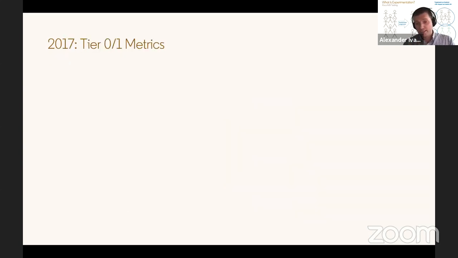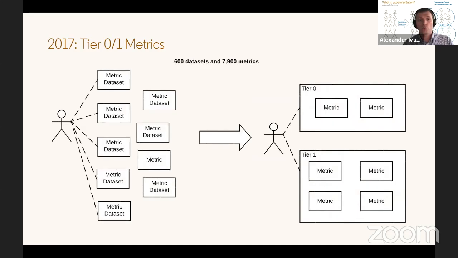In 2017, we also introduced another concept, the concept of tier 0 and 1 metrics, which was about standardizing metric data sets. Just imagine having to deal with a few thousand metrics. If you run a test, you would probably only look at the metrics that you are particularly interested in, so maybe a few dozen or 100 metrics at most.